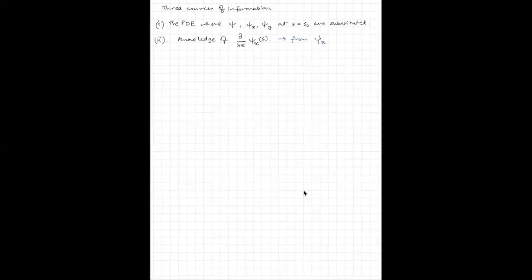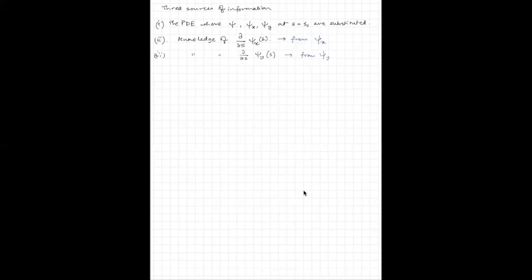And similarly, the third is the knowledge of del del s of psi y. This one will be from psi y, which has already been determined for this range.